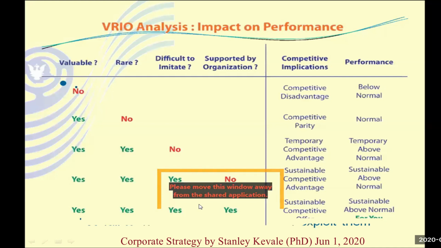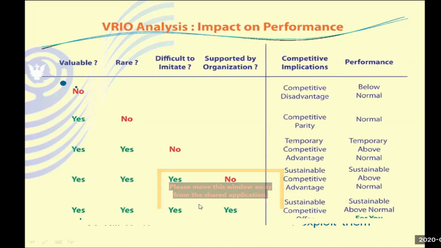Then you also need to check, are the resources rare? If the resources are not rare, then everybody has them. If every firm has a resource, then it's just normal. Just like water flowing in a river.